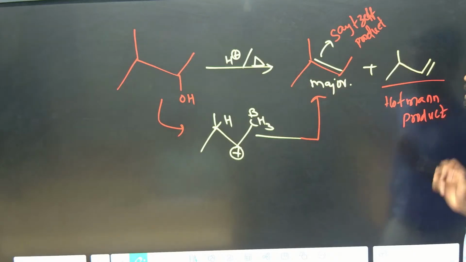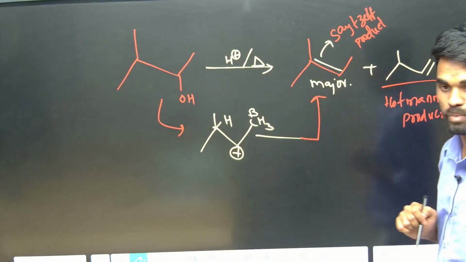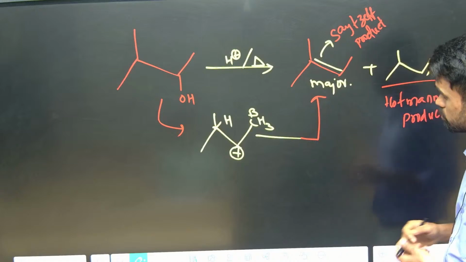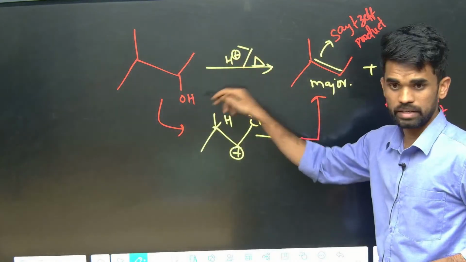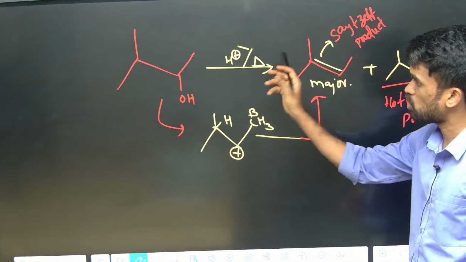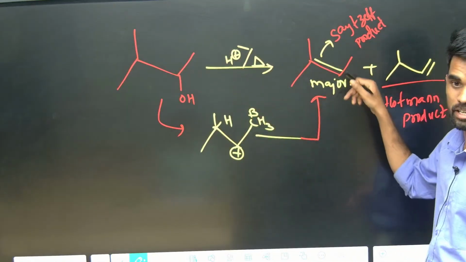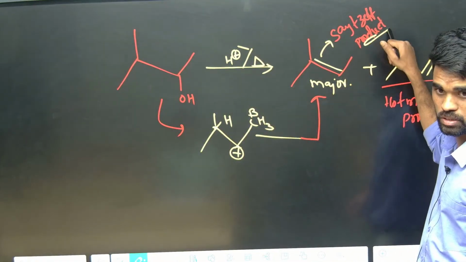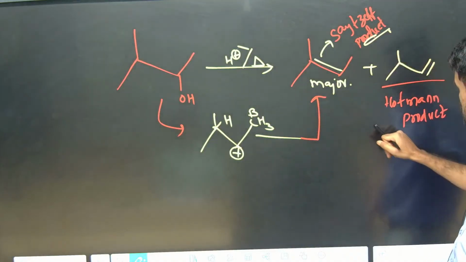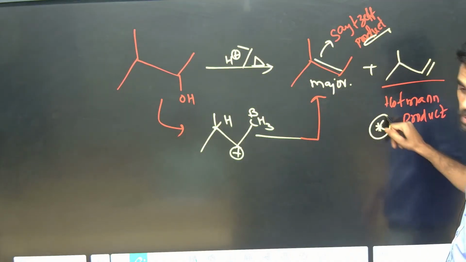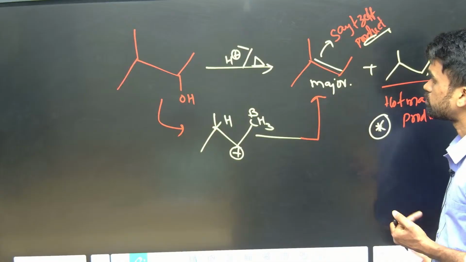Out of these two, which is major and which is minor, they will ask. If the eliminating groups, whatever we are removing, are small groups, we will get an internal alkene, the Saytzeff product. There are some conditions in which we will get a Hofmann product. I will explain that.